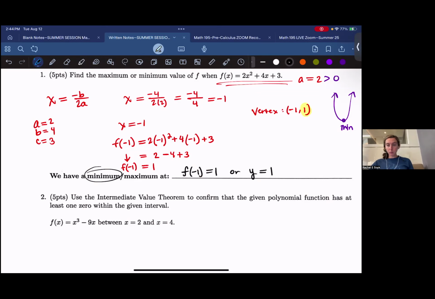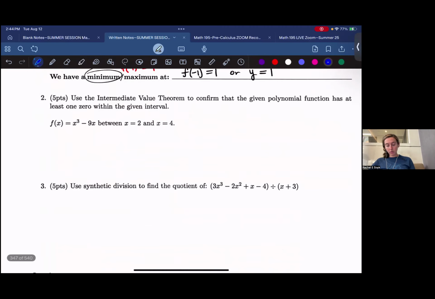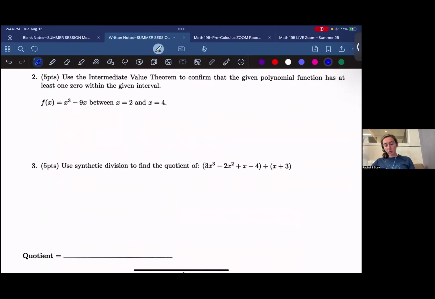Question 2, we are going to use our knowledge of the intermediate value theorem to confirm that there's at least 1 zero within the given interval.